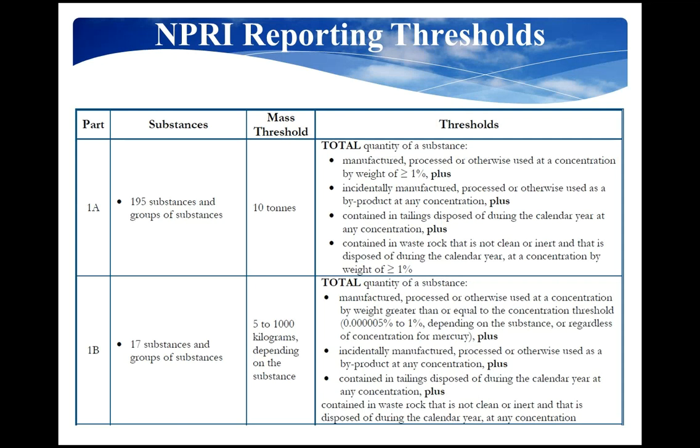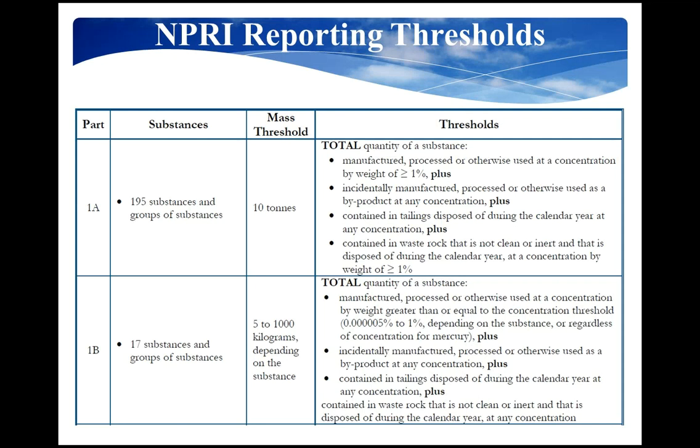So for Part 1A substances, the concentration threshold is 1%, which means that if there's a product you're using that contains one of the reportable substances, but it's in the product at a concentration of less than 1%, then that portion of the chemical doesn't count towards the mass threshold. You don't need to assess that portion of that chemical.